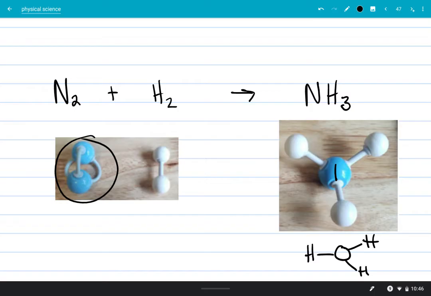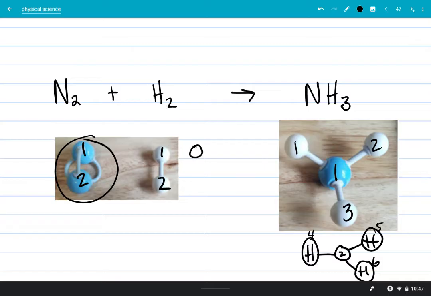So that's atom 1, that's going to be atom 2. But in order to do that, we've got 1, 2, 3, 4, 5, 6. We need 6 atoms of hydrogen.